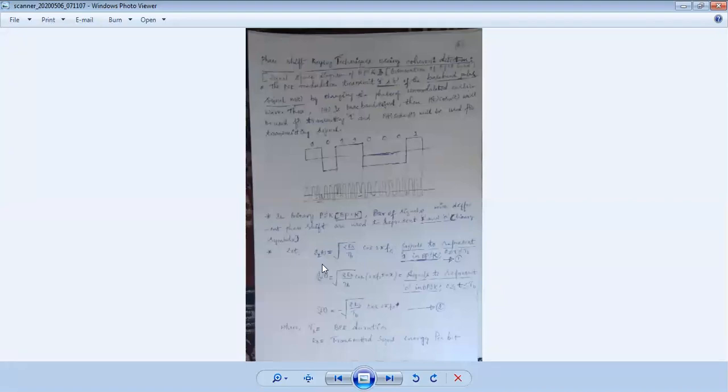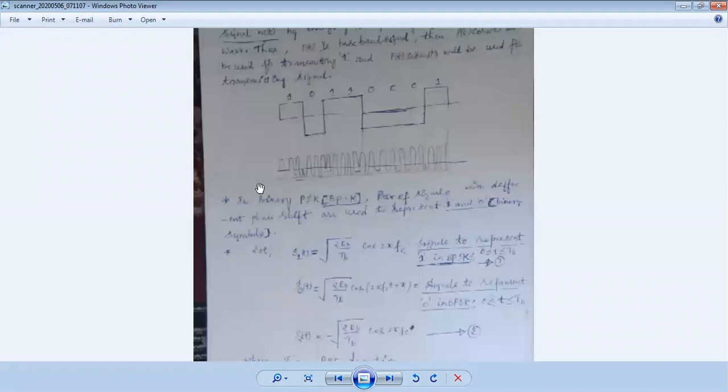See S1 of t. Let us say this is S1 of t, the signal to represent 1 in BPSK, and this is the signal to represent 0 in BPSK. This is the signal which represents 0, because look back here, 2 pi fct plus pi.